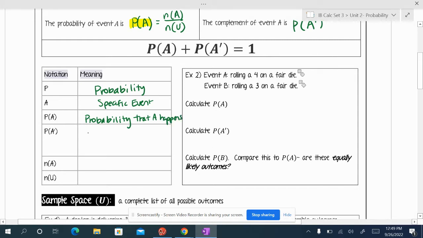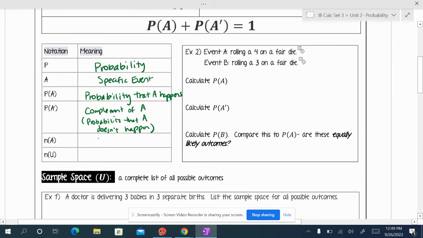P of not A is going to be the complement of A, or basically the probability that A doesn't happen.